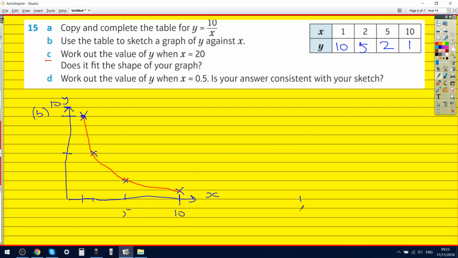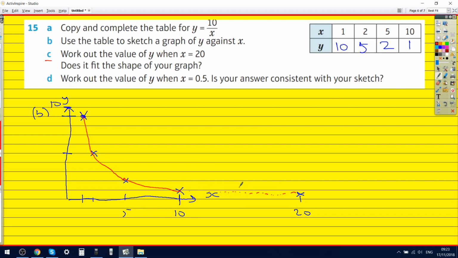So if it goes 10 over 20, I think that's 0.5. And if you added that on, that's 20 across, 0.5 up. Does that fit the pattern of the sketch? Yeah, it does.